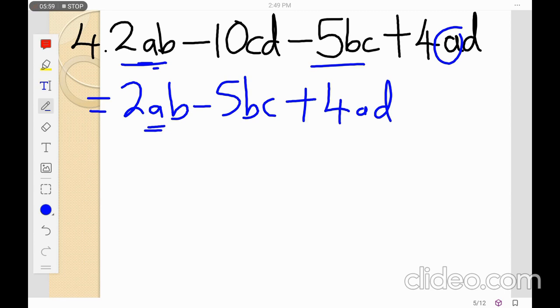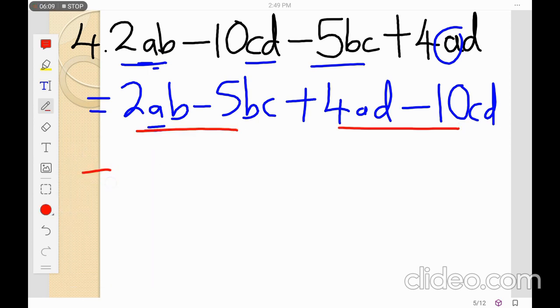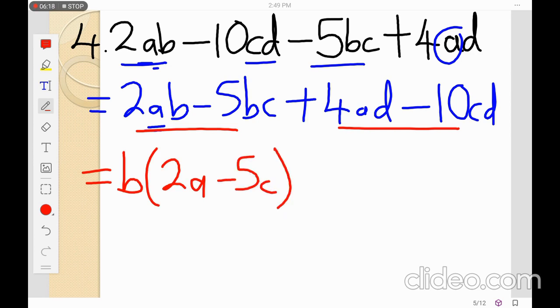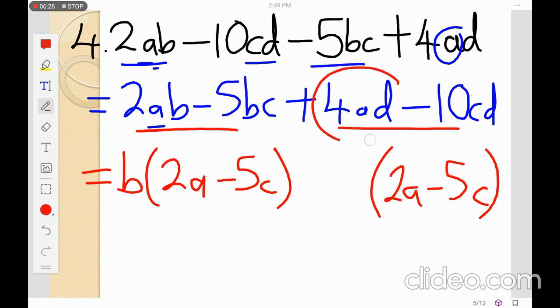And lastly, the one with a C, minus 10CD there. Okay, like that. Now I can factorize by grouping these ones. So for the first ones, I've got a common factor, which is B, and I'll remain with 2A minus 5C, like that. So at the end of the day, in this other group here, I should have 2A minus 5C, like that. So what do I factor out for this one and this one?